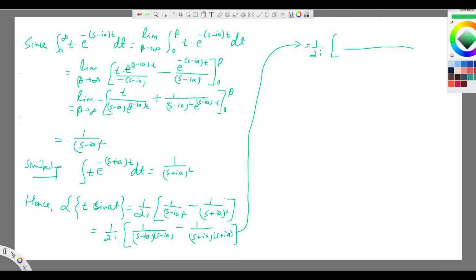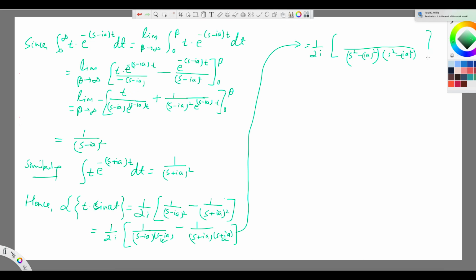You multiply this with that. If you multiply (s minus ia) times (s plus ia), it will be s squared minus (ia) squared. This is one, and similarly from the other pair you get exactly the same thing, s squared minus (ia) squared.